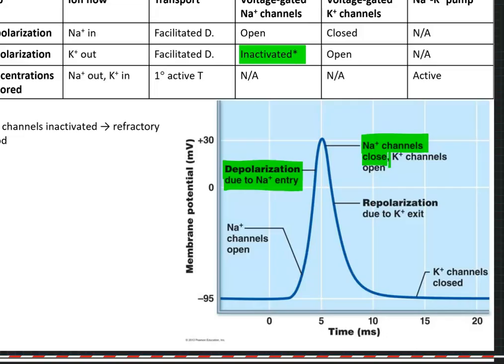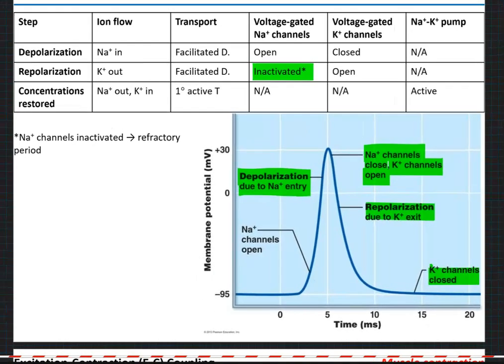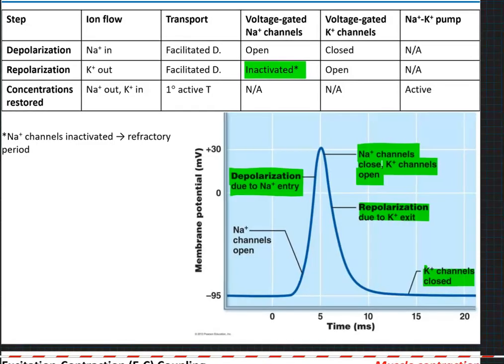Potassium channels open, and the cell repolarizes because potassium diffuses out of the cells, and eventually these potassium channels do close. The restoration of the concentrations is done by, just like in neurons, the sodium-potassium pump.